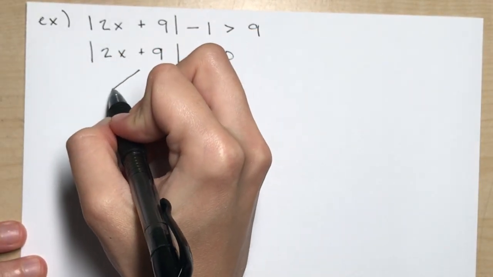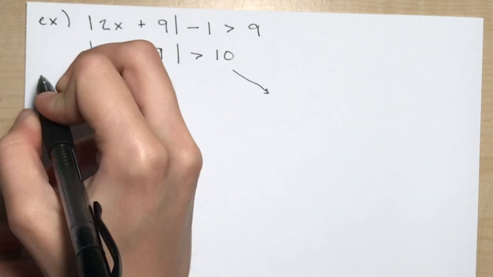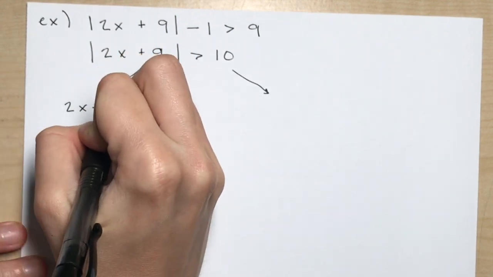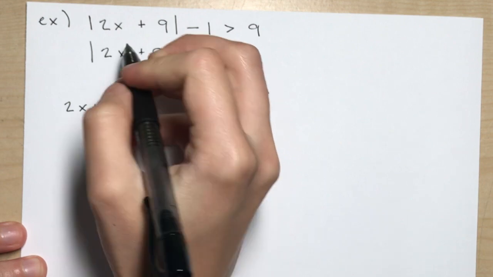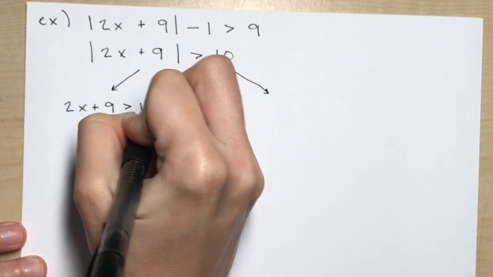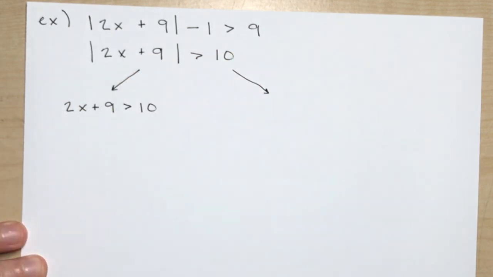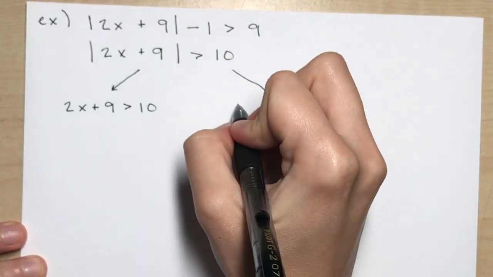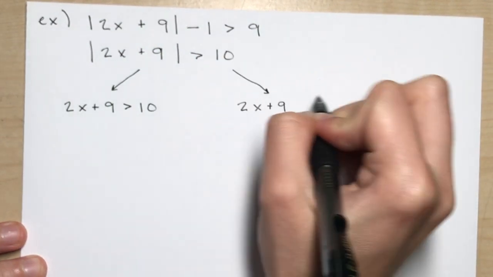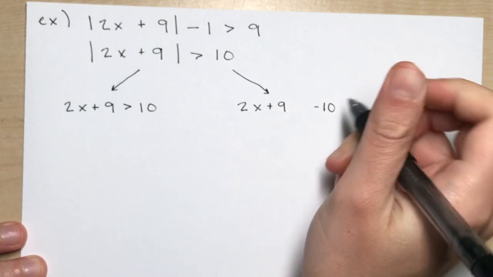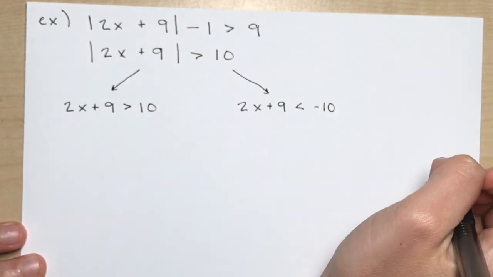We split now. We remove the absolute value. Last time we said equals 10. This time we leave it just the same. And then for our second equation, we want to flip the sign of the number, so negative 10, and we also have to flip the inequality sign.